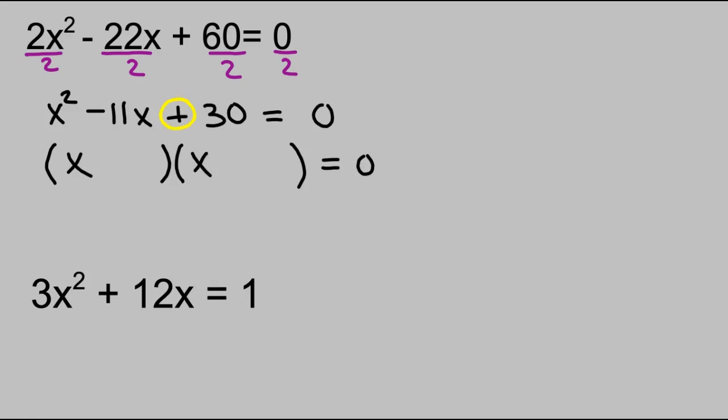So the signs are both going to be minus, because I need a negative 11x. And 6 and 5 are going to be the factors of 30 that work. So now when I solve this, my 2 solutions are going to be positive 6 or positive 5.